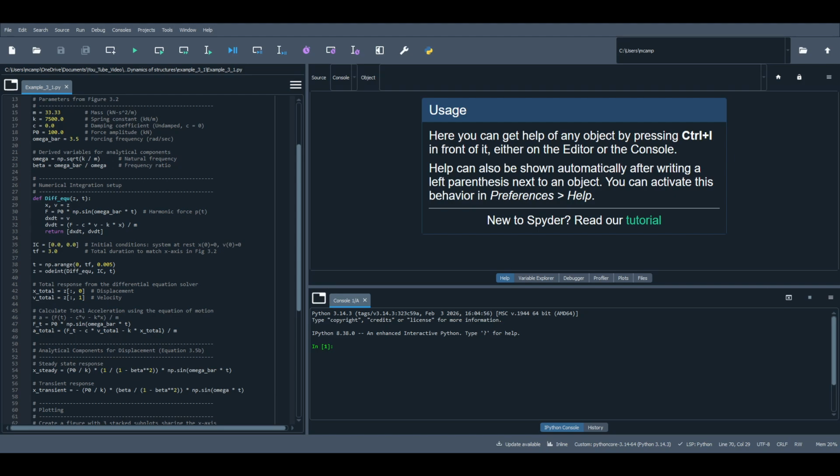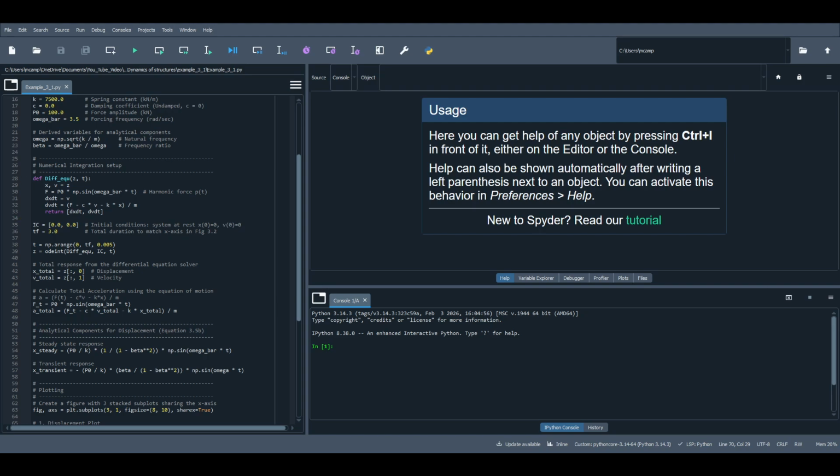And this comes directly from Newton's second law, where there is the mass times acceleration plus c times the velocity plus k times the displacement equal to F(t). And this function returns the velocity and acceleration.